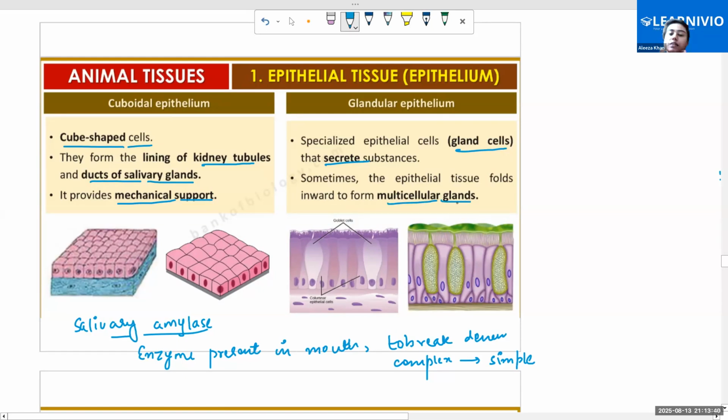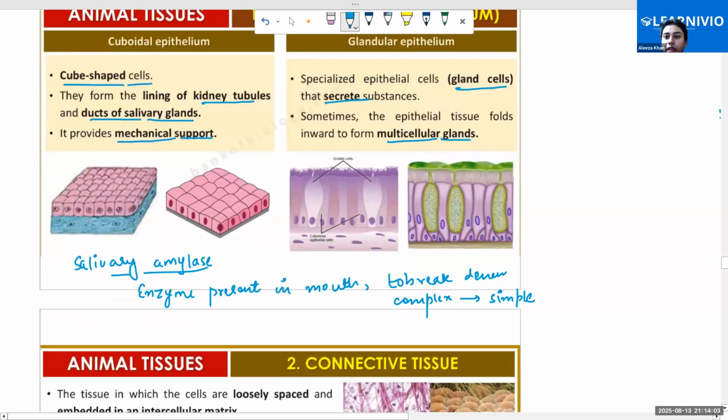Just simply remember, gland cells are responsible for forming the other glands but having multiple cells. Yes, please write this down so that we can move on to the connective tissue now.